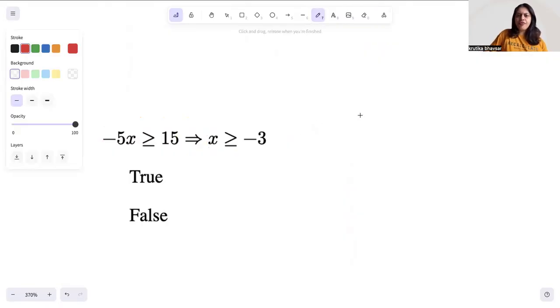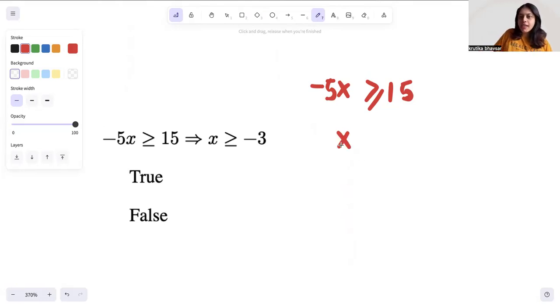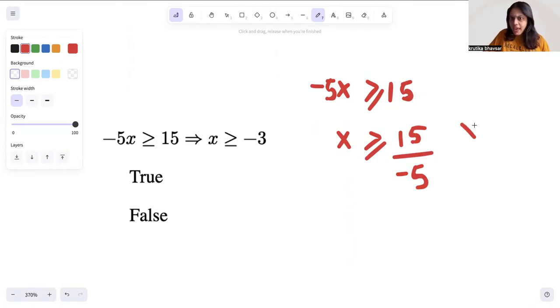So let's do it in the traditional method that we have learned in schools. If you have an equation like this, what do you start doing with it? You first divide the entire thing by minus 5, right? So when you divide it by minus 5, you have x greater than 15 over minus 5, which is x greater than or equal to minus 3.